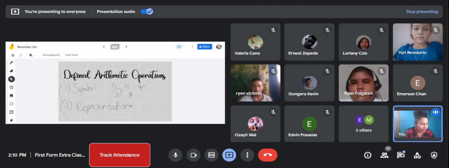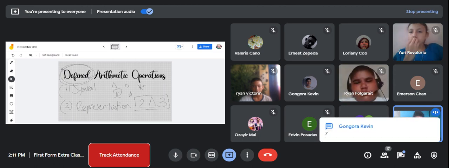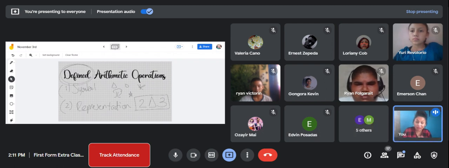So if they tell you this triangle means this, they're going to give you a problem that looks like that. The triangle means double the first number and add it to the second number. A defined arithmetic operation is that they are telling you the definition of this symbol. They are telling you what that symbol means.